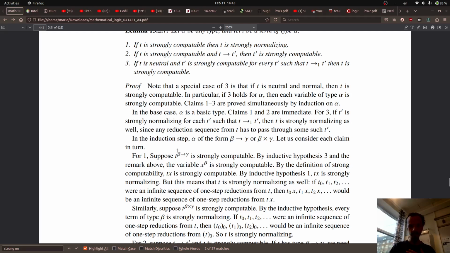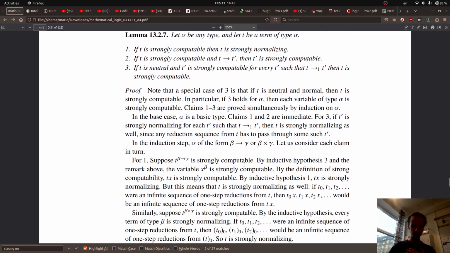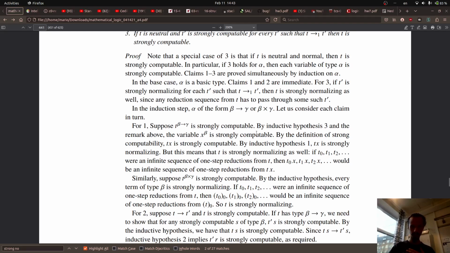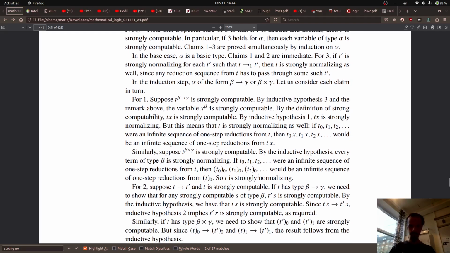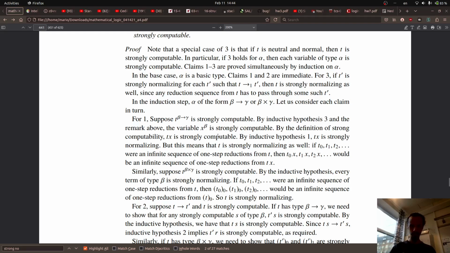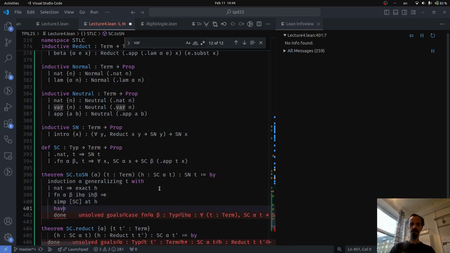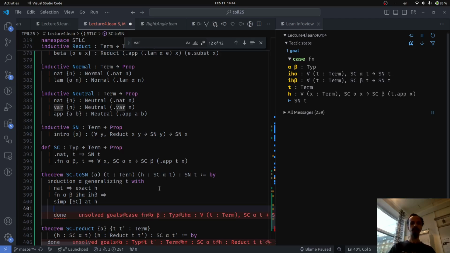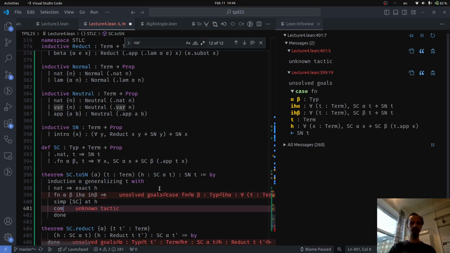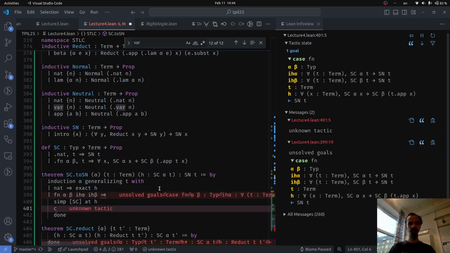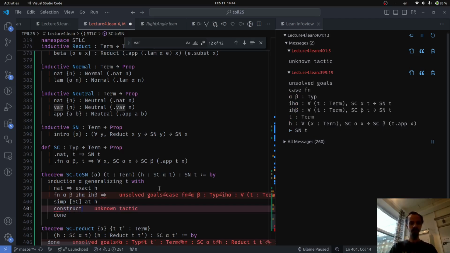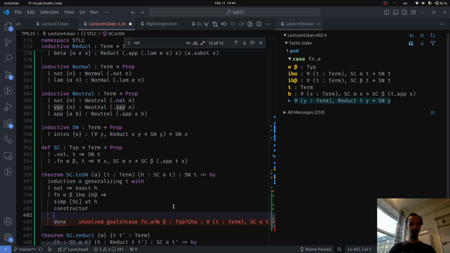So if t is strongly computable, then t is strongly normalizing. So here, in order to prove that something is strongly normalizing, we need to prove that everything that it reduces to is also strongly normalizing. So we can do one-step reductions.